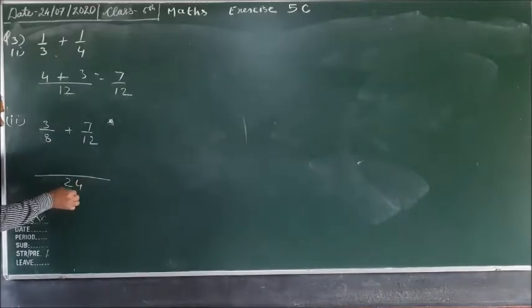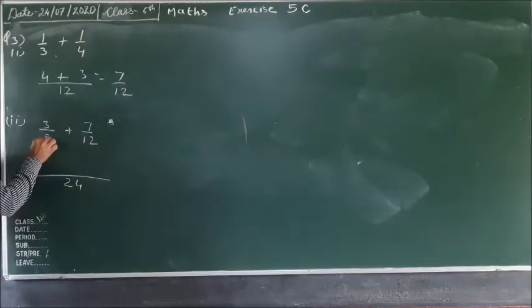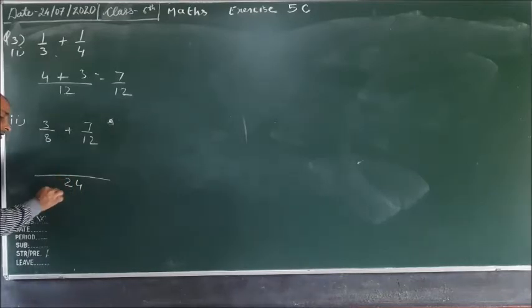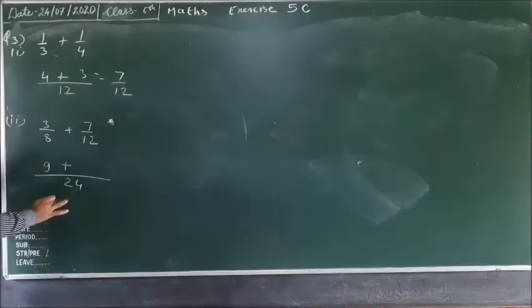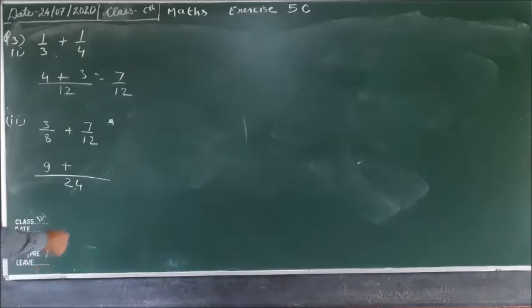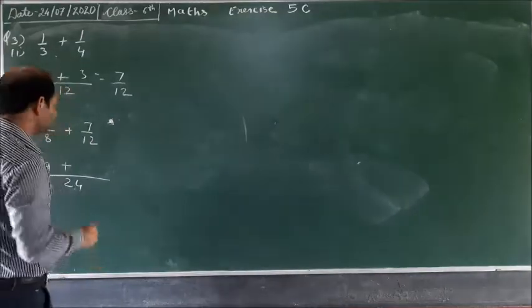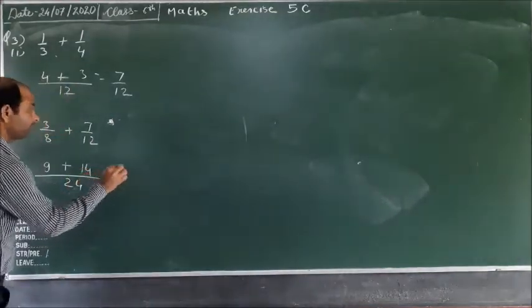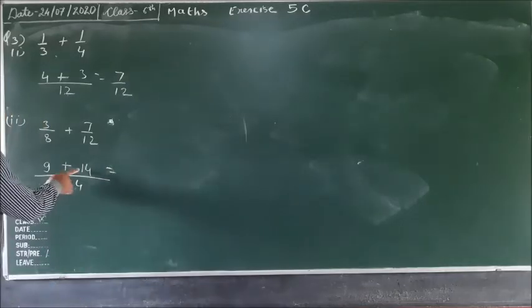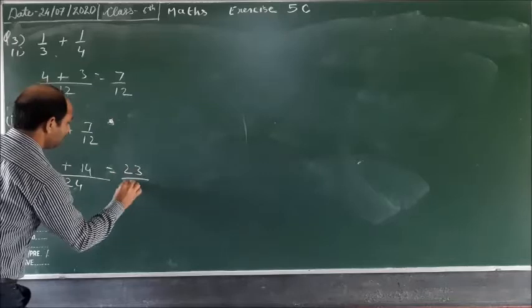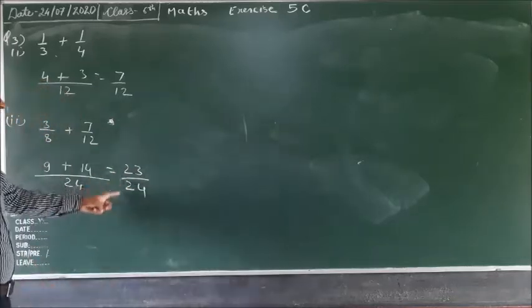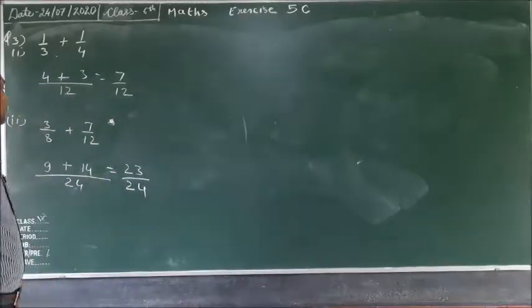Now LCM divided by the denominators: 8 threes are 24, quotient is 3, then the quotient multiplied by the numerator, 3 threes are 9. 12 twos are 24, quotient is 2, and 2 multiplied by 7 equals 14. Okay. Now 14 plus 9 is 23 upon 24. This is already in the lowest term.